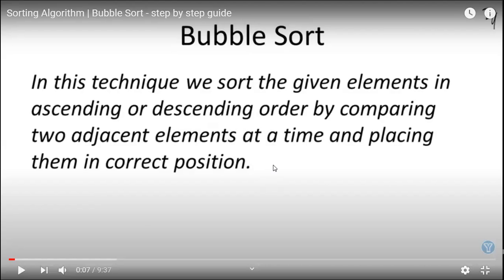What is the technique we are using in bubble sort? Sorting can be in ascending order or descending order, right? We will consider only sorting elements in ascending order. In bubble sort, we are just comparing two adjacent elements at a particular time.